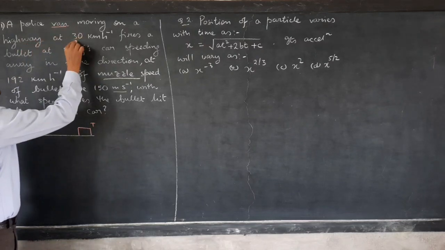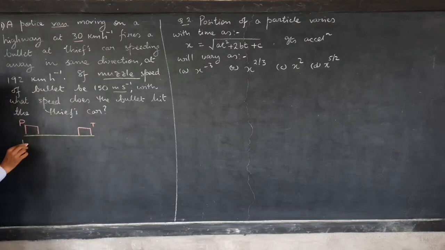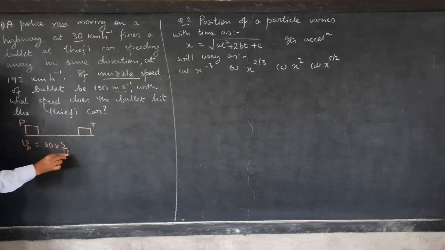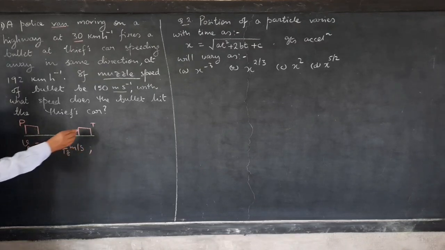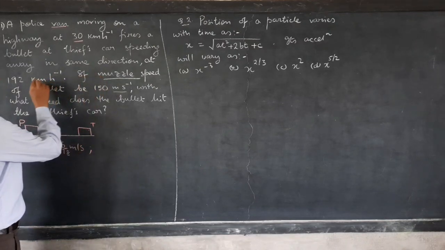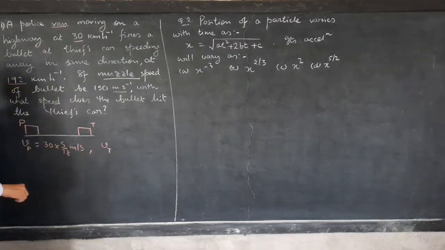Now the van's speed is given as 30 kilometers per hour. So let me write those values. Velocity of the police van is equal to 30, which we can write as 30 into 5 by 18 meters per second. Then the velocity of the thief's car, I'll represent it as Vt.